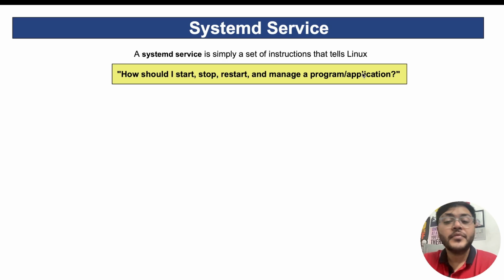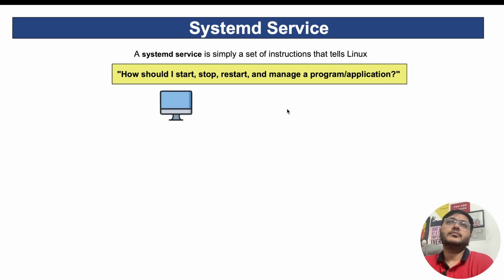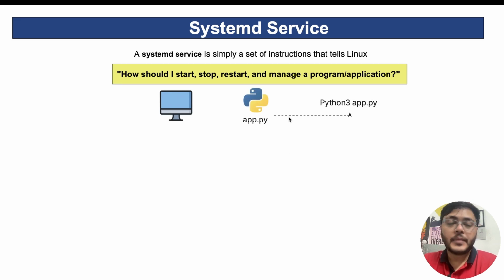To understand it more, suppose we have a dedicated server made to run your Python application, and you started it manually by typing python3 and the script name. The application is currently running on your machine.